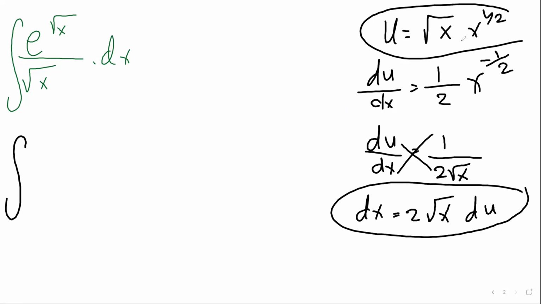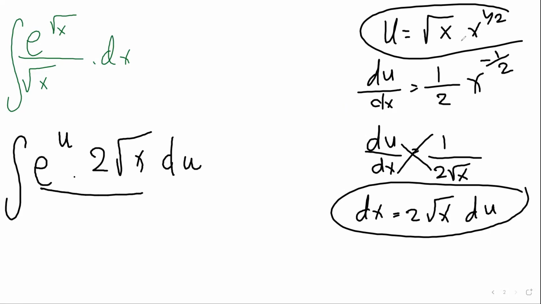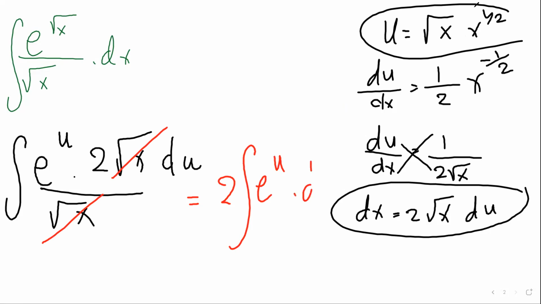E to the power square root of x means e to the power u times dx, which is 2 square root of x du. And down here, you have the square root of x. They cancel each other. So you have 2 e to the power u du.